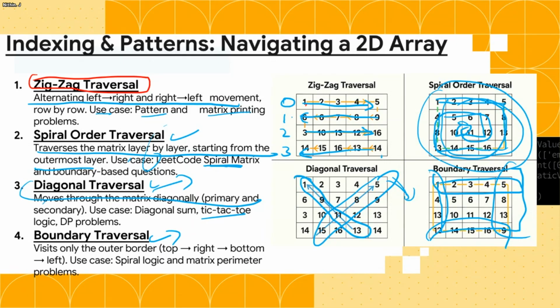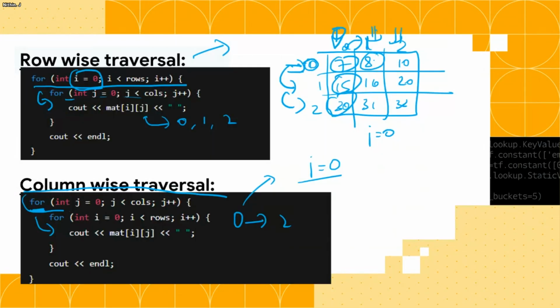So you guys can see that the pattern is, for all the even row locations, that is 0, 2, 4, 6, 8, I'm doing left to right traversal, and for all the odd row indices, I'm going to do right to left traversal. So that's the key in zigzag traversal. For even indices of the rows, I'm going to do left to right, and for the odd indices, I'm going to do right to left.